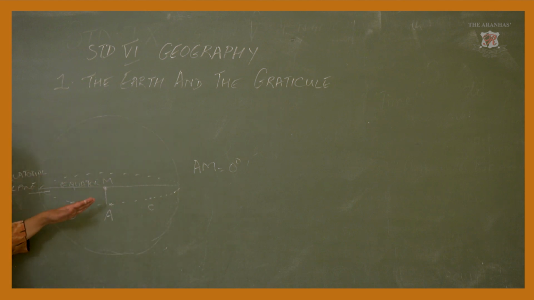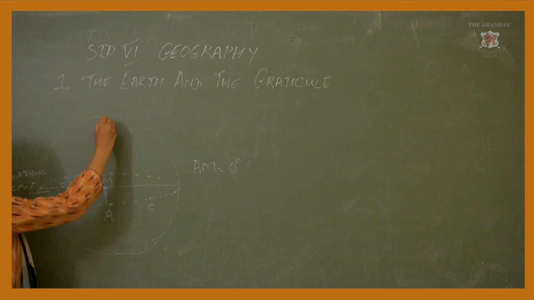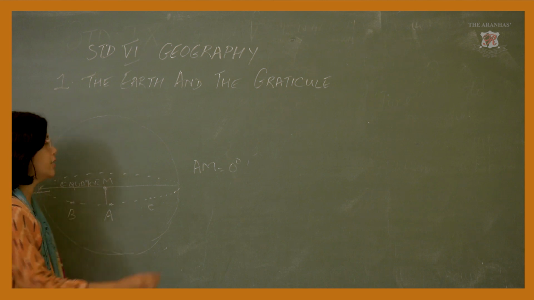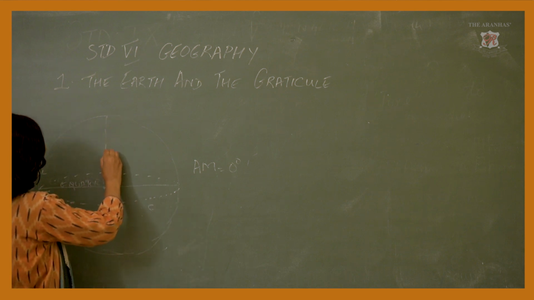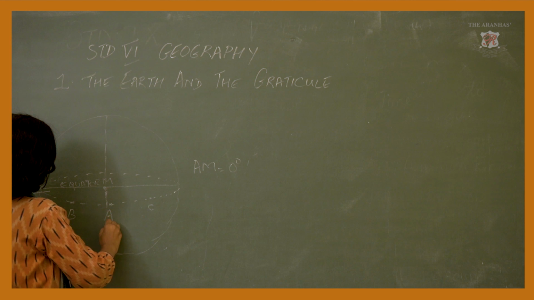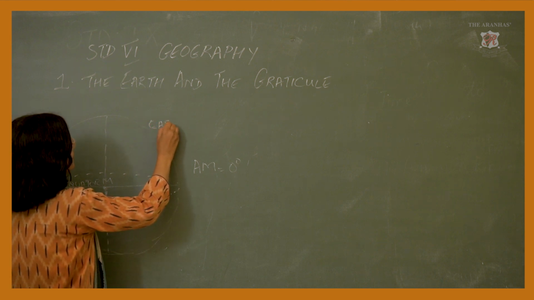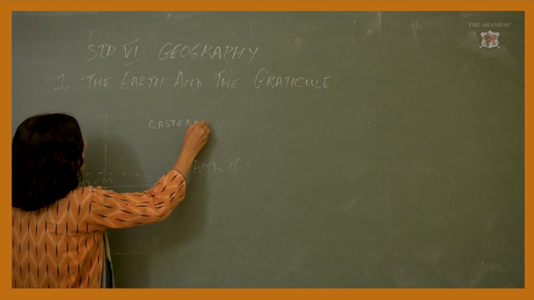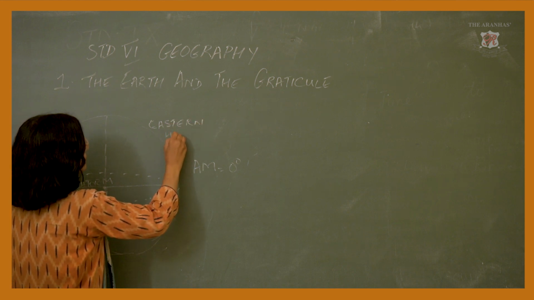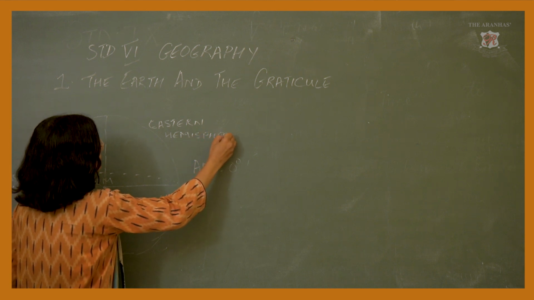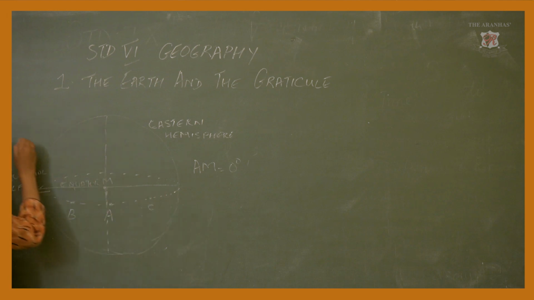Now let us measure the angle from B to M. Here I said longitudes will divide the earth into eastern and western hemispheres. So, this is our eastern, and this is our western, this side.